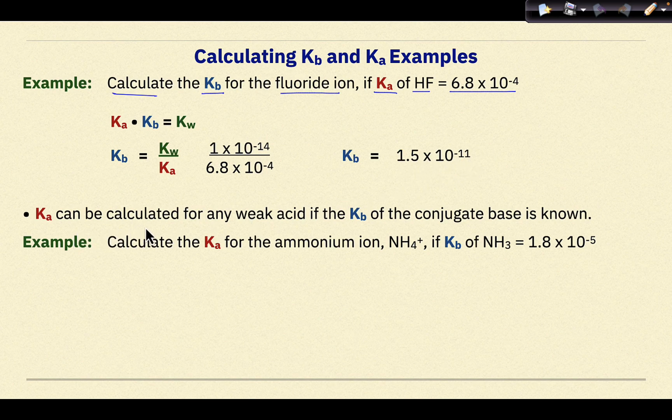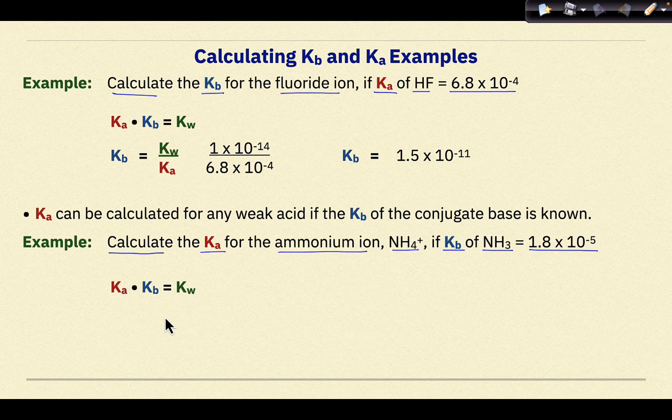Ka can be calculated for any weak acid if the Kb of the conjugate base is known. So in this example, we're going to calculate the Ka for the ammonium ion, NH4+, if Kb of ammonia is 1.8 times 10 to the negative 5. So we'll start out with our formula Ka times Kb is equal to Kw.